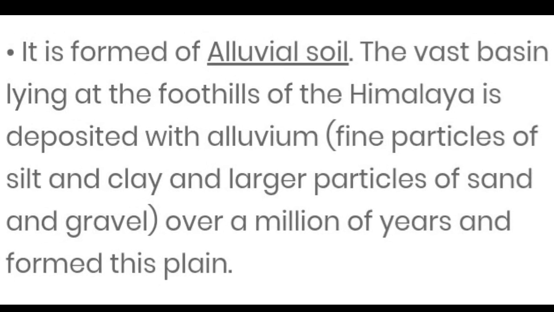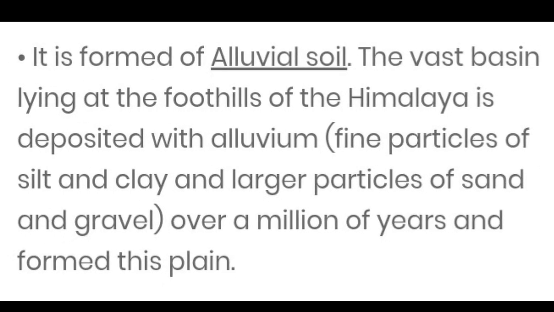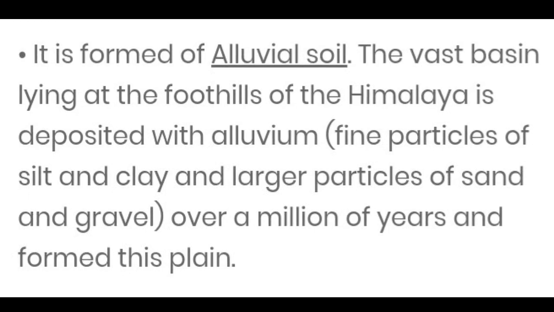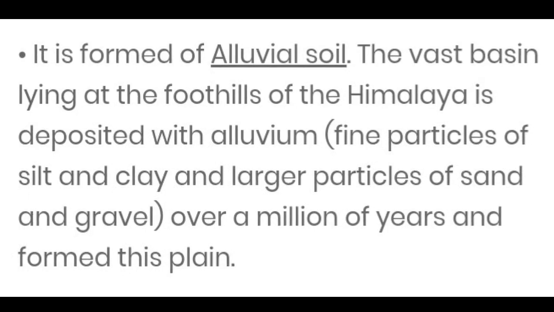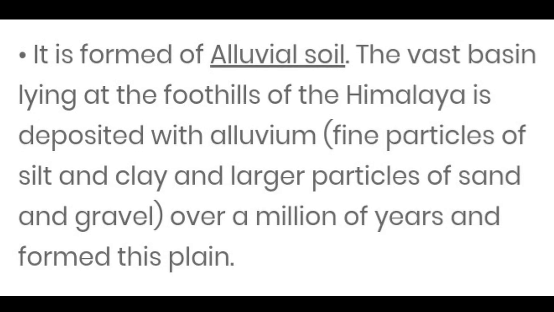Second, it is formed of alluvial soil. Northern plain is a plain of alluvial soil, and the vast basin lying at the foothills of the Himalayas is deposited with alluvium. This alluvium is brought down by the rivers, and it is rich in sand, silt, and clay, which makes the land very fertile.